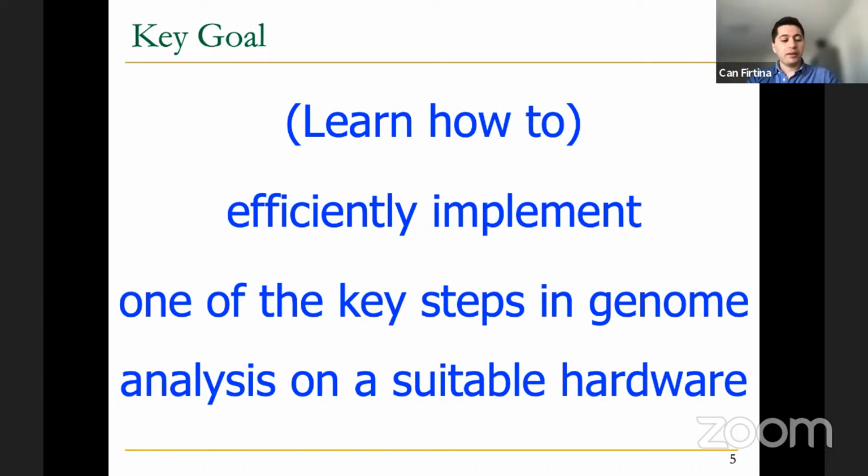For example, if there are embarrassingly parallel steps in a problem that you're solving, maybe you can think about how you can solve that problem on GPUs, so that you could exploit the many cores that the GPUs are providing you.